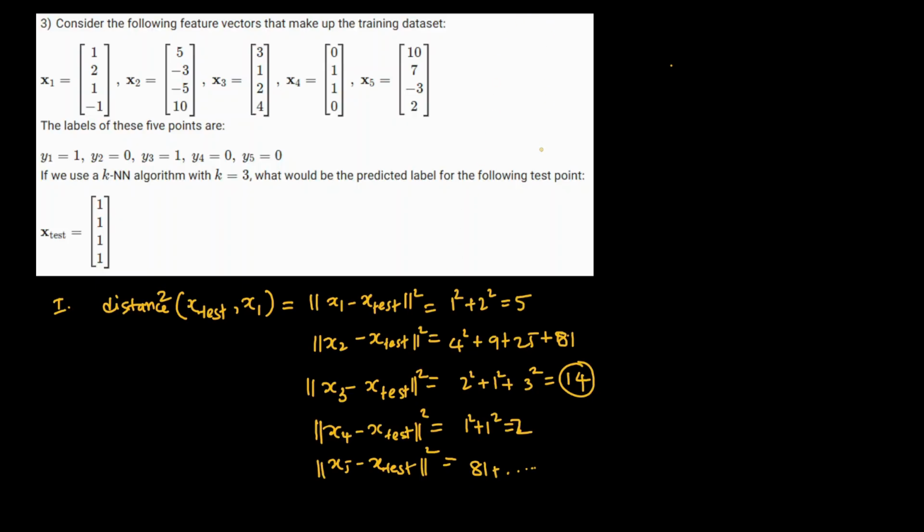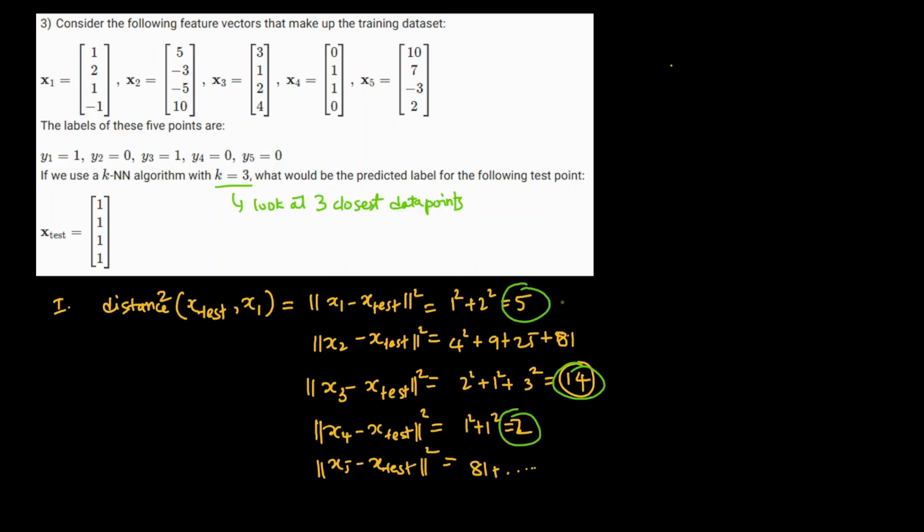So we look at the smallest numbers, and here K is given to be equal to 3. So we need to look at the three closest data points. What are the three closest data points here? X1, and then we have X3 and X4.